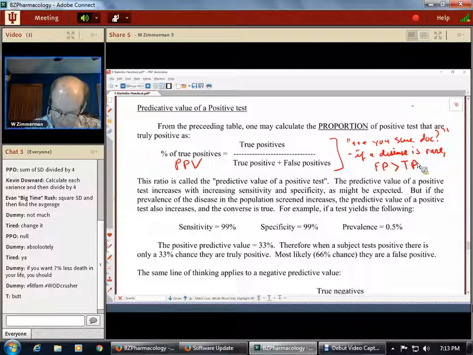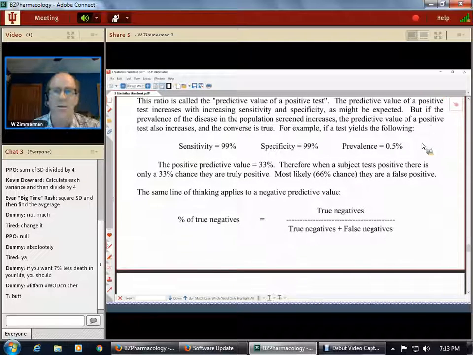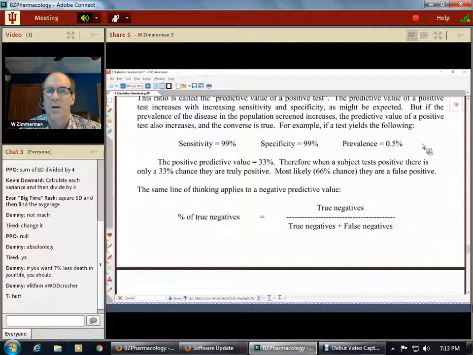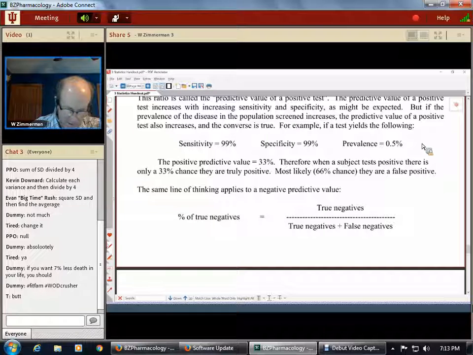So let's look at the example I've got here, because you'll be asked to do this kind of reasoning on the problem sets. Sensitivity is 99%, specificity is 99%, prevalence is 0.5%, and I say the positive predictive value is 33%. Well, where did I get that from? You're going to have to set up a model population.